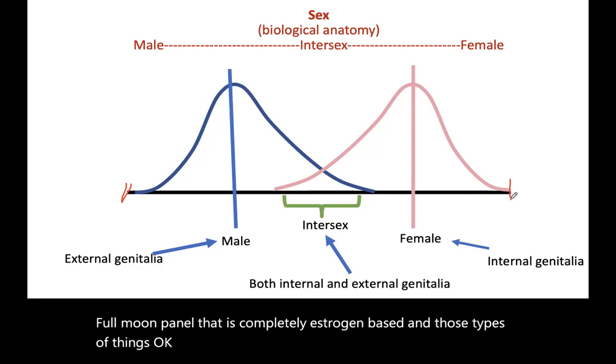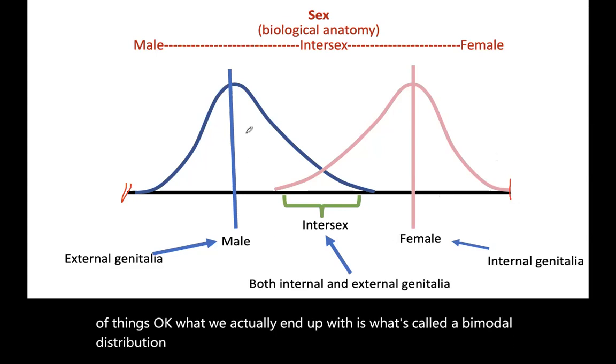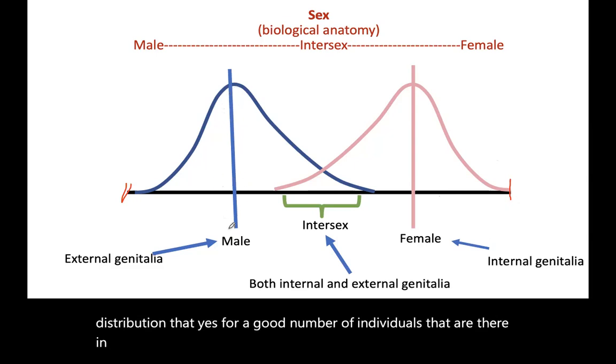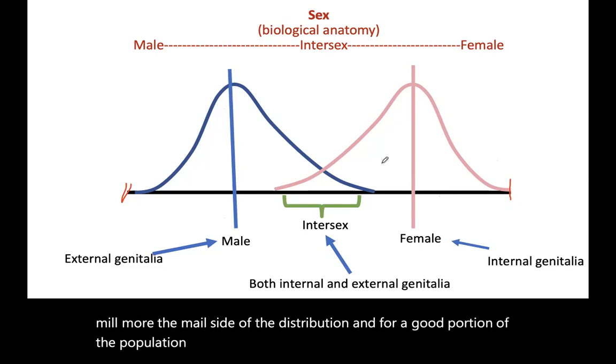What we actually end up with is what's called a bimodal distribution. Yes, for a good number of individuals, they're more on the male side of the distribution, and for a good portion of the population, a good majority is on the female side of the distribution.